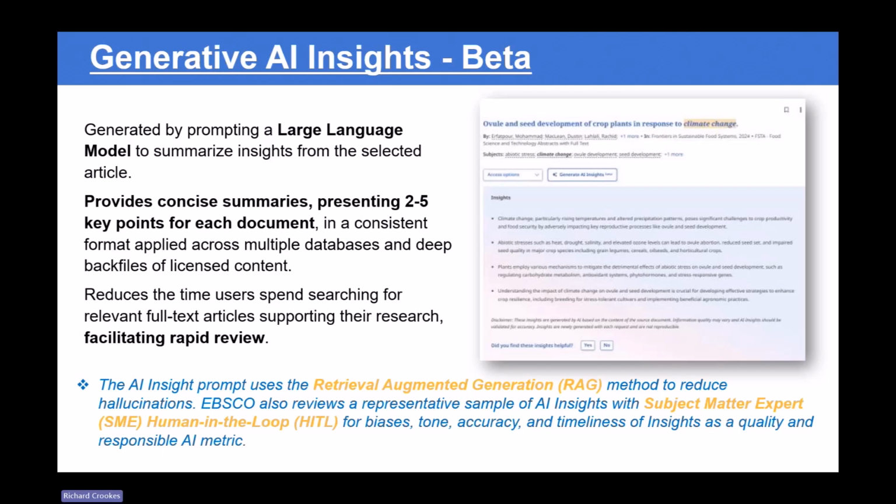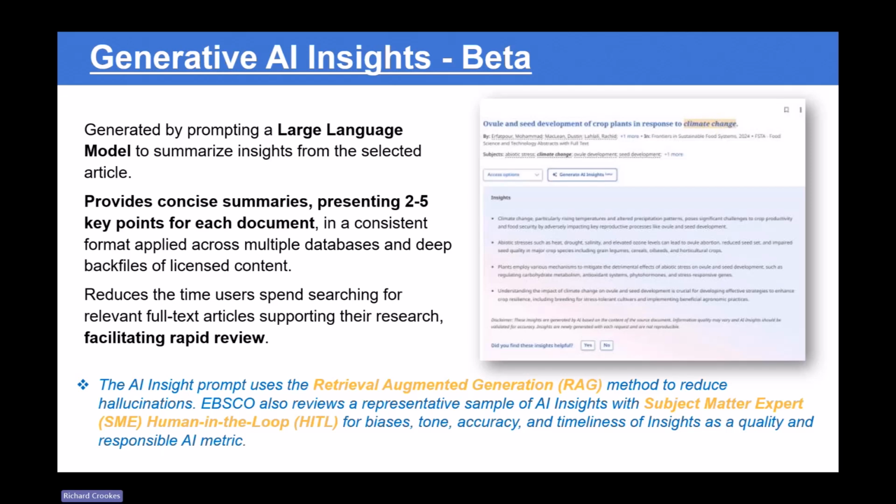So these insights are a summary of the full text content. They present 2 to 5 key points for each document in a consistent format. Okay, so they are available. And this essentially will reduce the time users spend searching for relevant full text articles, because it facilitates a more rapid review of content. Of course, you do expect them to read the article at some point, but it does summarize it in these bullet points, and you see an illustration of that on screen.